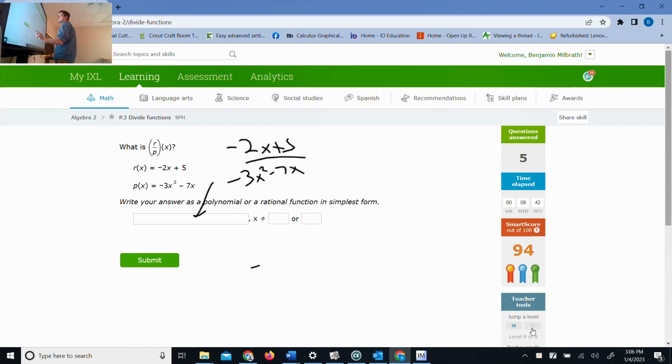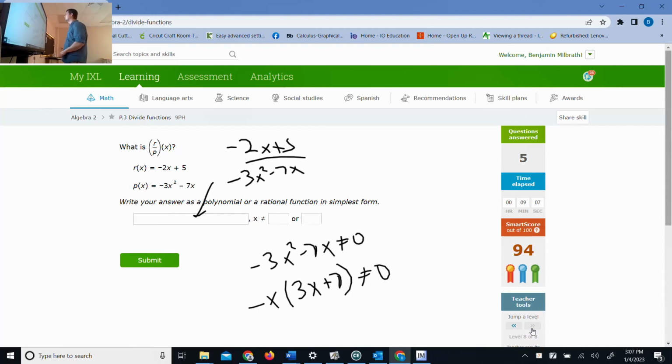Now we're going to take negative 3x squared minus 7x. We're going to say it's not 0 like I've done several times already. I'm actually going to pull a negative x. It doesn't really matter, but I'm going to pull a negative x. That'll leave me with 3x plus 7. You don't have to pull the negative symbol. Nothing wrong with not pulling the negative symbol.